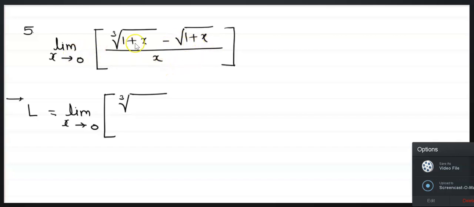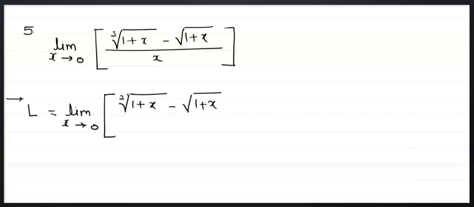Now this is the example. If we substitute x is equals to 0, then what will you get? Cubic root of 1 means 1. Here the square root of 1 is 1. 1 minus 1 is 0. 0 upon 0, it's an indeterminate form. Therefore, again, we have to make a substitution, and that's why we will solve our limit.